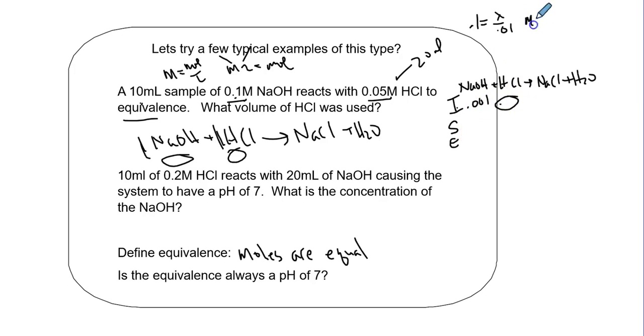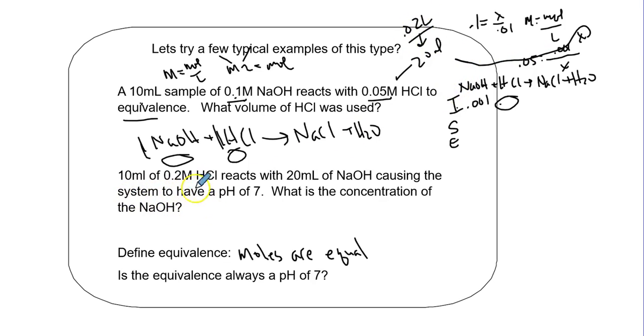So I'm going to use molarity equals moles per liter. The concentration is 0.05. And I want the moles to be 0.001. And then you solve for this. And of course divide out. And X should equal 0.02 liters or 20 milliliters.